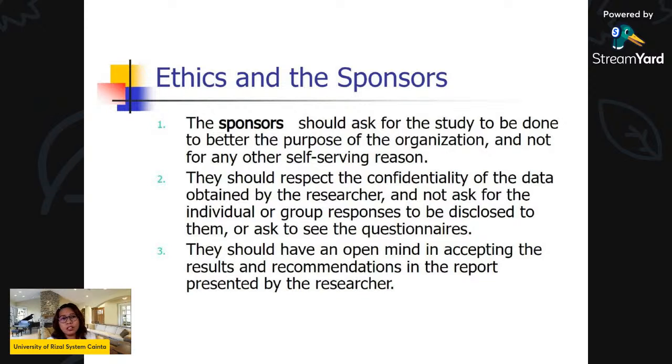So, kung meron tayong researcher na in-acquire, kung ano yung magiging conclusion, recommendation of the survey, yun ang kailangang tanggapin. Hindi pwede maging bias ang magiging result nito. At kailangan may apply yung confidentiality matter ng mga individual doon sa survey. Meaning to say, safe sila.